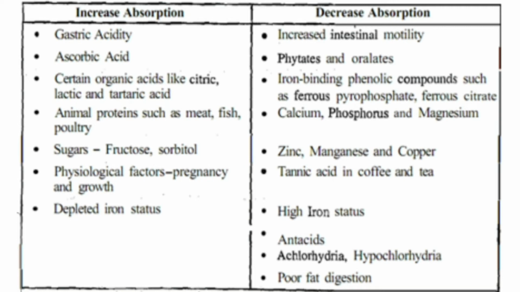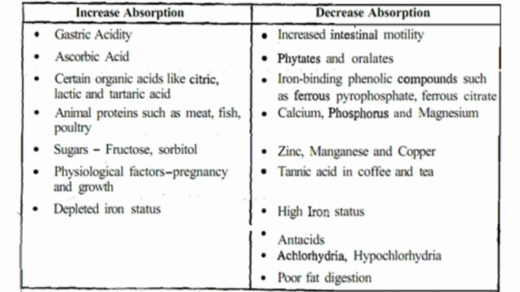Phytic acid is a phosphorus derivative present in whole grain, bran, soya products, etc. Oxalic acid is an organic acid found in spinach, chocolates, etc. All of those can decrease iron absorption.